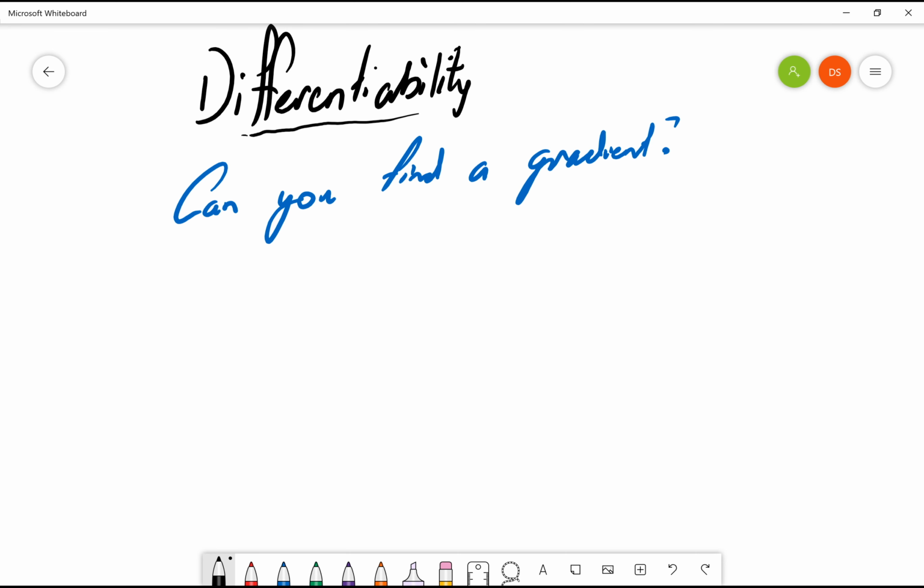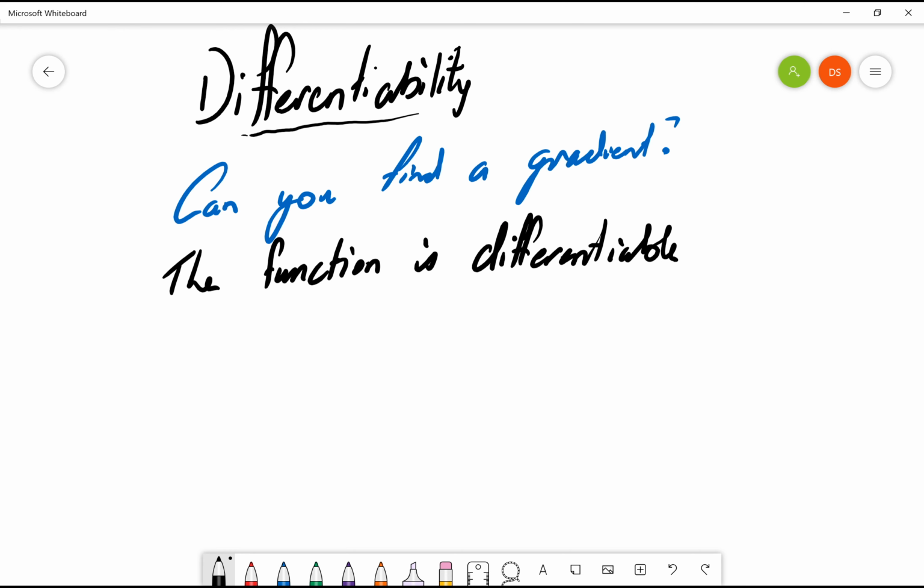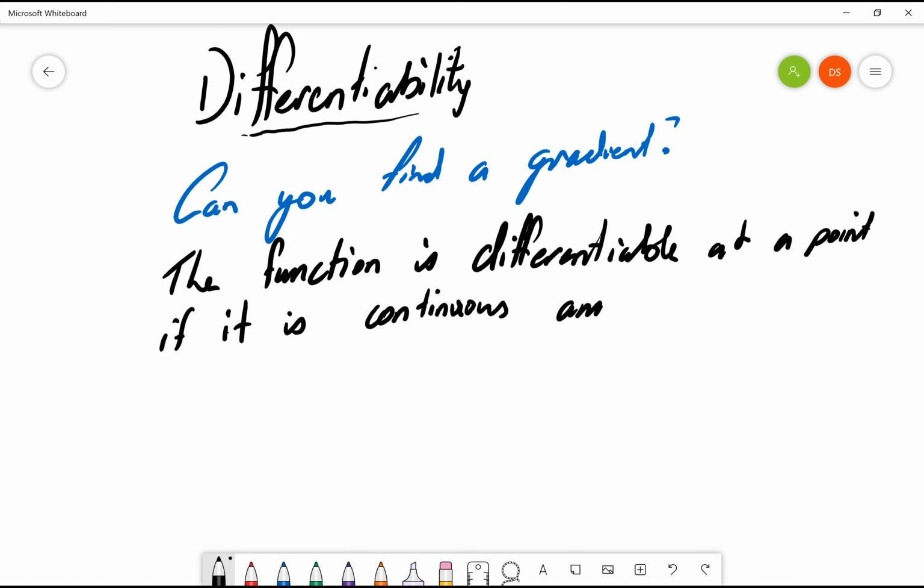So the function is differentiable at a point if it is continuous and smooth.